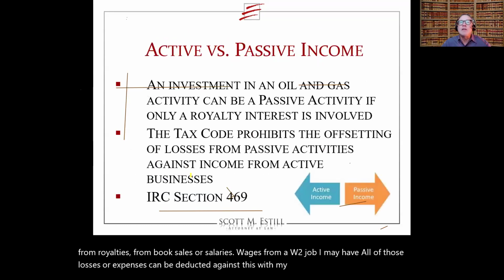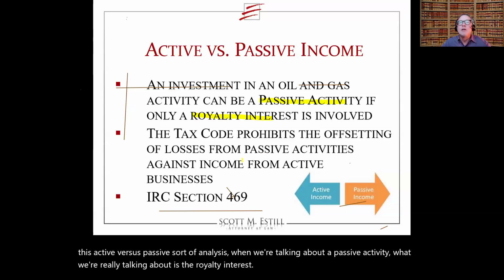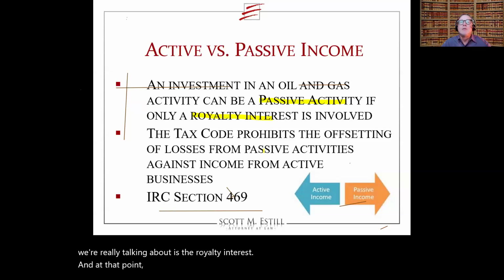So when you see this active versus passive sort of analysis, when we're talking about a passive activity, what we're really talking about is the royalty interest. And at that point, we have to worry about passive activity losses because you can't offset these losses against other active income.